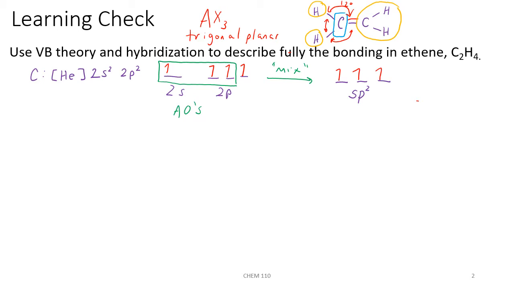And notice what we didn't throw into the mix. We didn't throw into the mix one of our 2p orbitals. So we still have another 2p unhybridized orbital. And it's important this time because there is an electron in that unhybridized orbital.